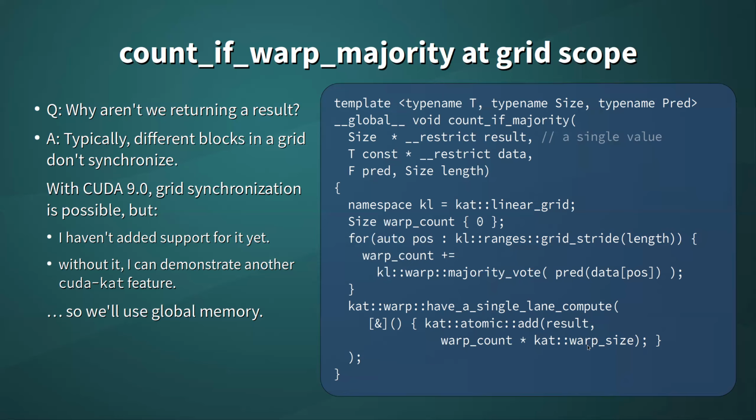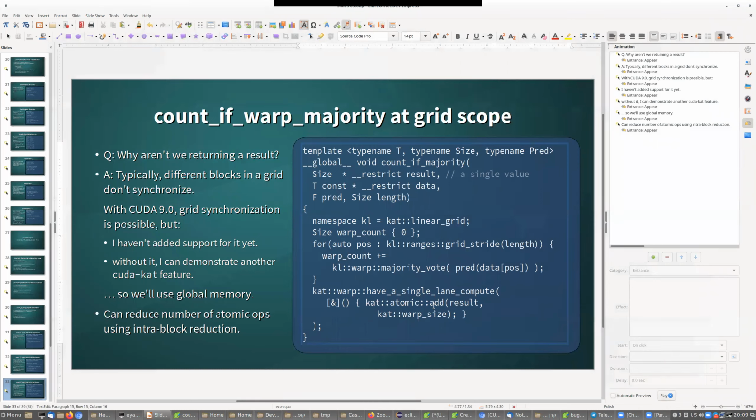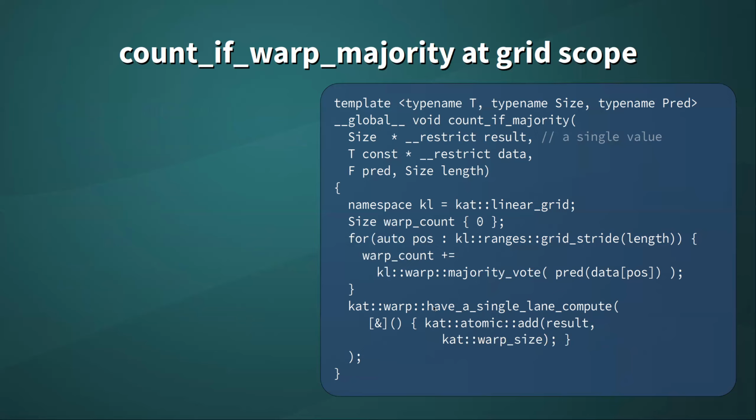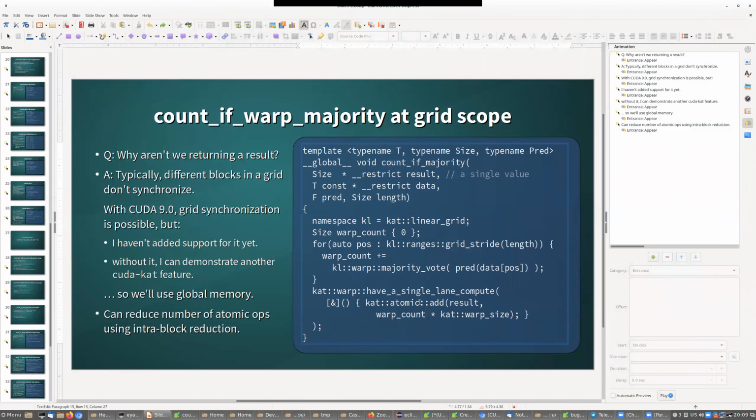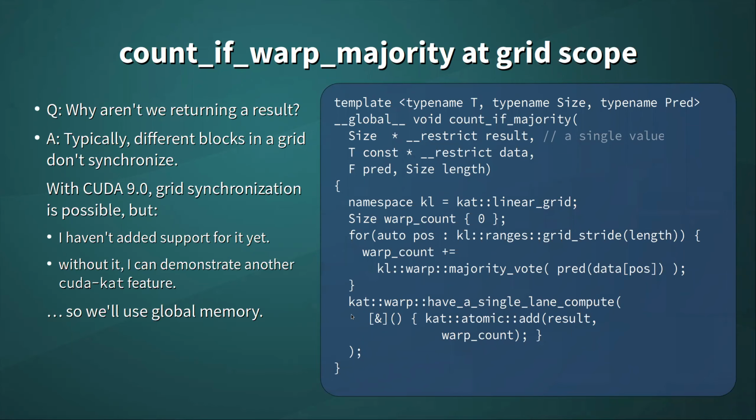Am I doing this right? No, I'm sorry, I don't need the multiplication. So I'm adding my warp count to the global value atomically, which means that all of the warps will be taken into account from the entire grid. And that completes the implementation.